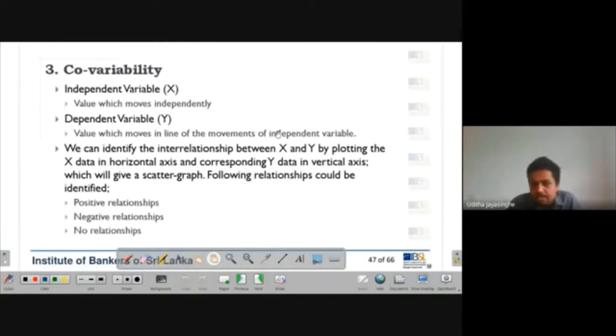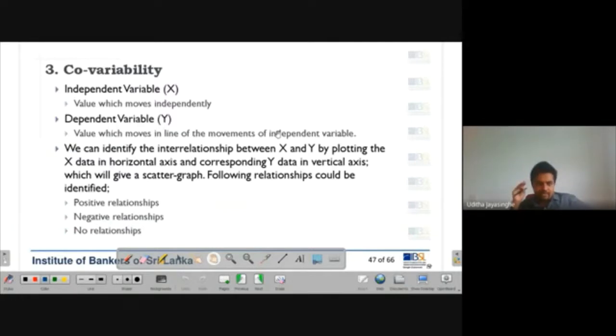So despite the fact that for your easy understanding I demarcated height and weight as two variables, under this particular jargon we demarcate one variable as an independent variable.